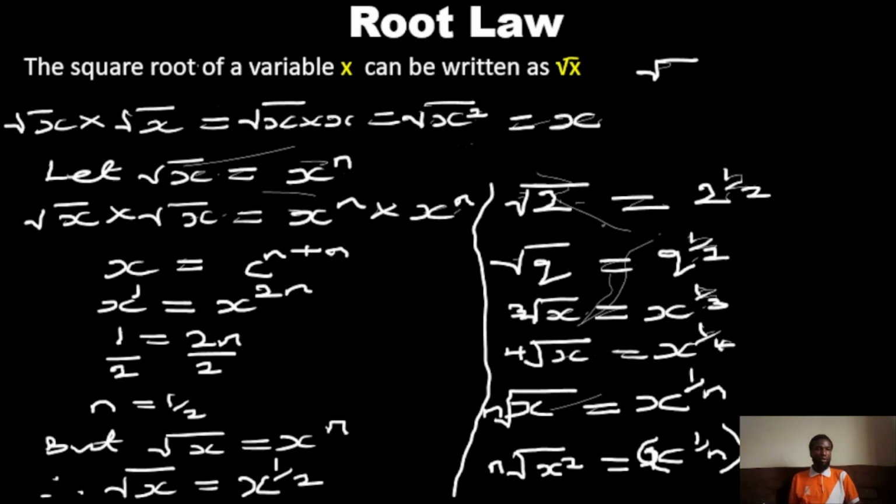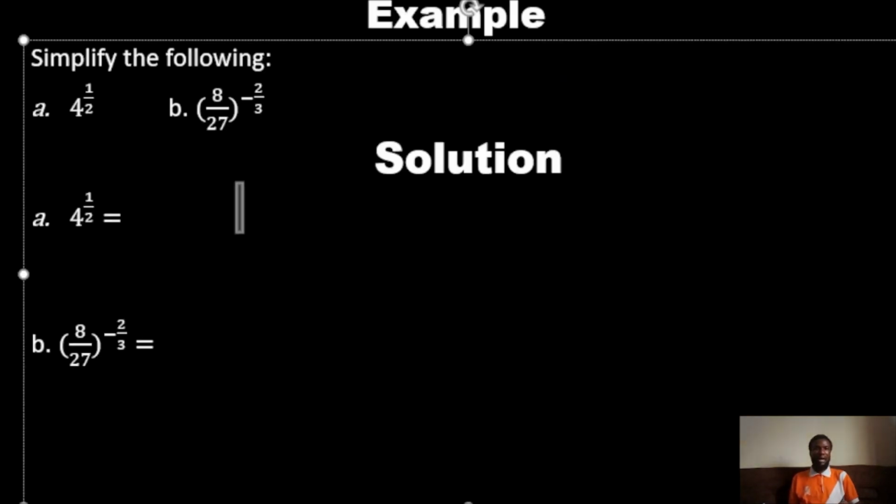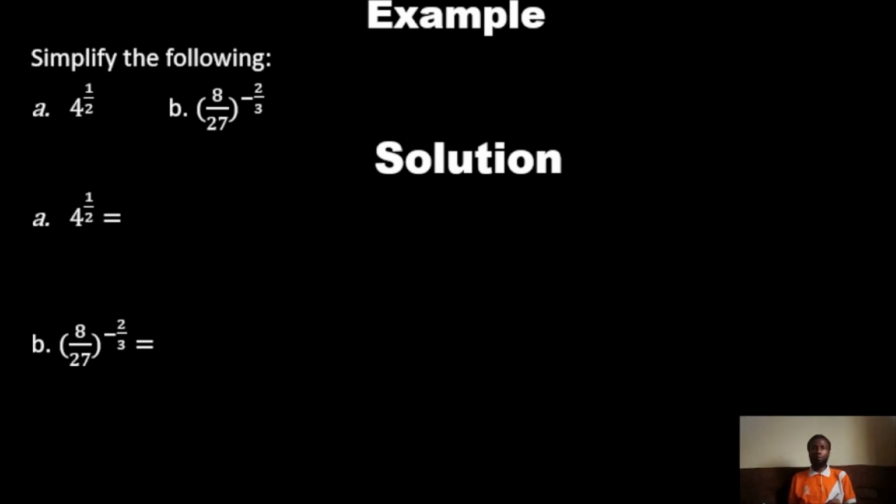So let's look at some examples under root law. For example, if you have 4 raised to the power of half, remember, this simply means taking the square root of 4. You can easily express 4 as a number raised to the power of 2.